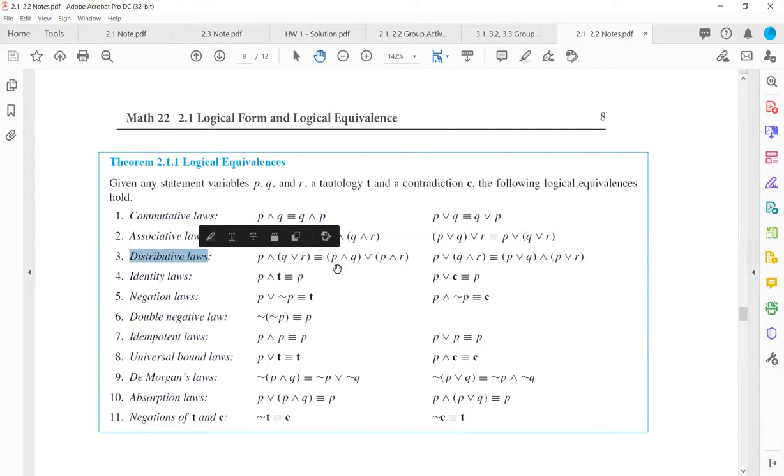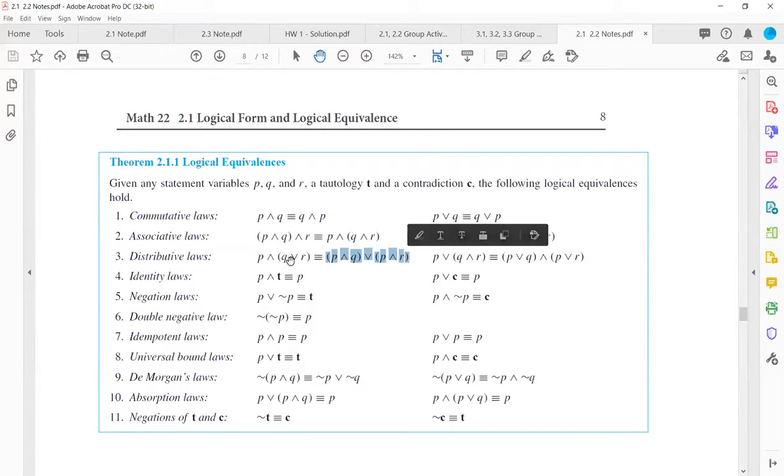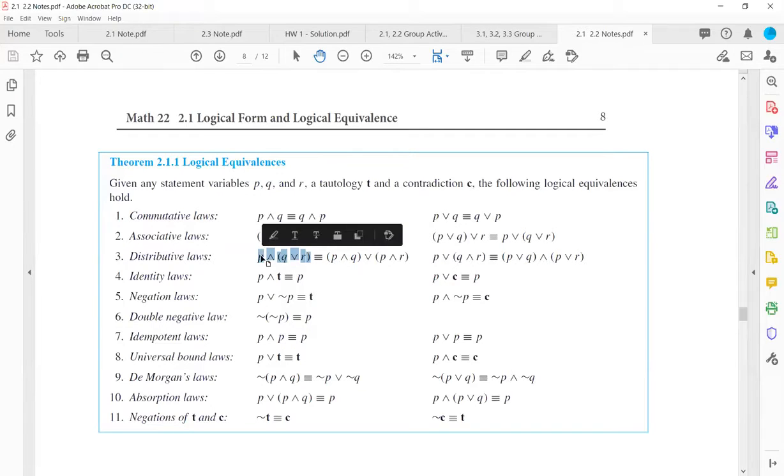Sometimes you end up with expanded form like this, and it's much easier to combine them, as you can see on the left-hand side. The same here. If you distribute or over and, if you have the expanded form on the right-hand side, it's easier to write it in a more compact and precise way.